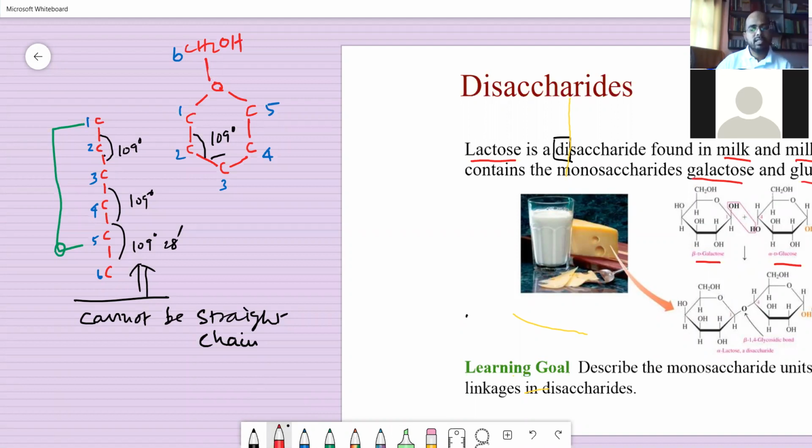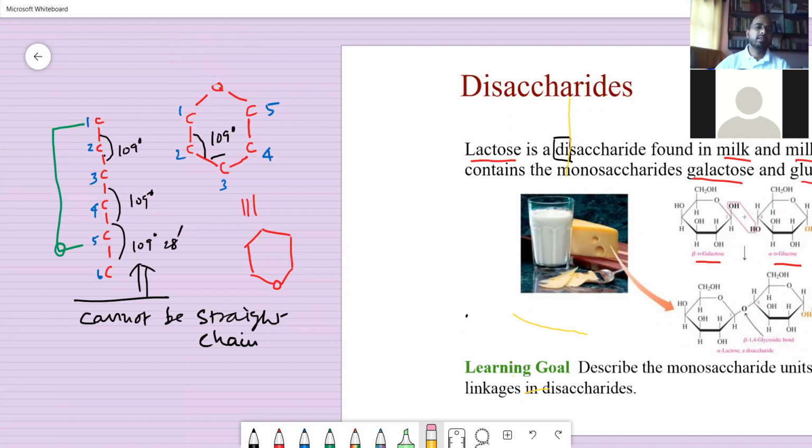Now this structure is actually drawn like this. I think I made a mistake there. Oxygen cannot have 3 bonds.